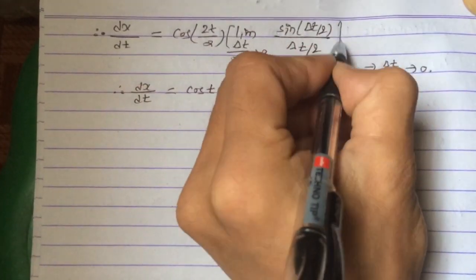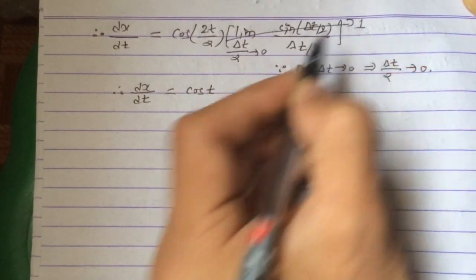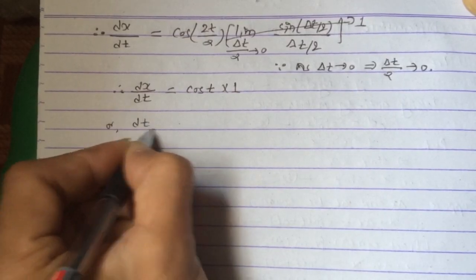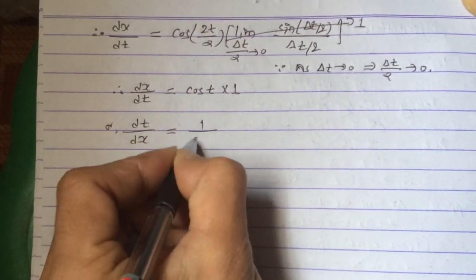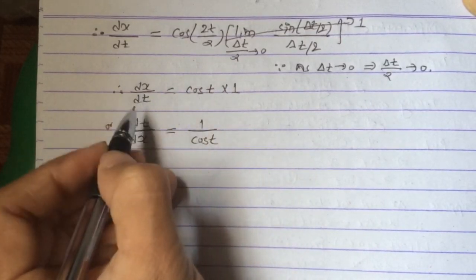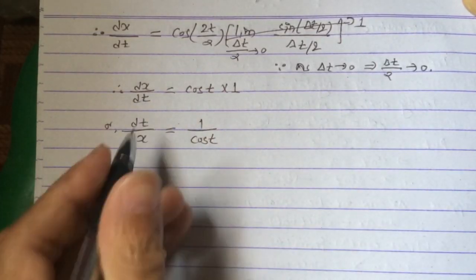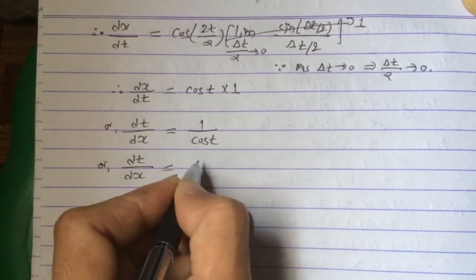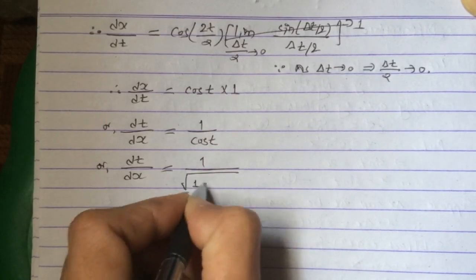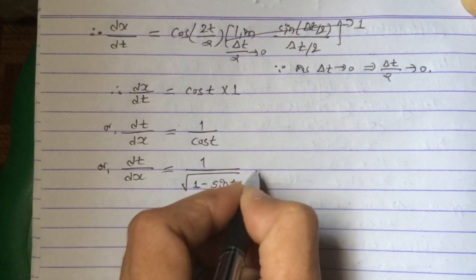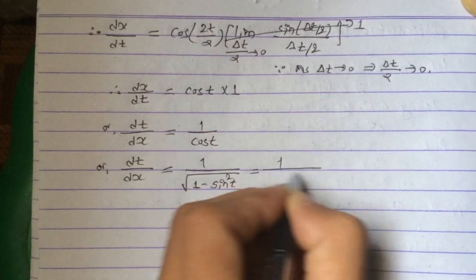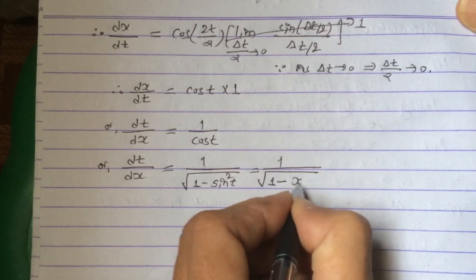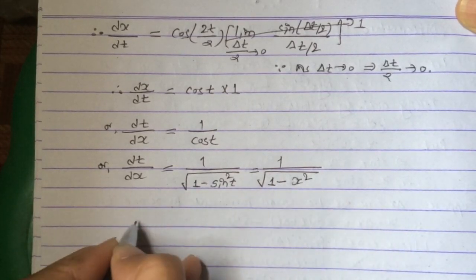times, this term is in the form of theta, limit theta tends to 0, sin theta by theta, and its value is 1. So you can use dx by dt is equal to cos t multiplied by 1, and dt by dx is equal to 1 by cos t, and we have supposed t is sine inverse x, and cos t is root under 1 minus sine square t, and sine t is x, so you get 1 by root under 1 minus x square.